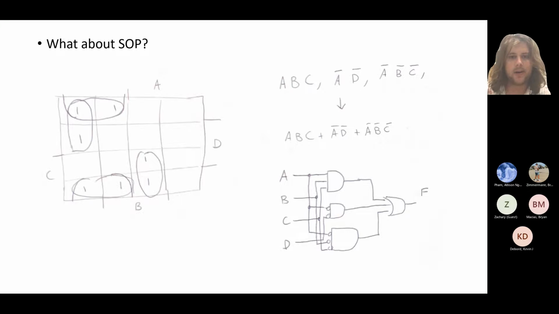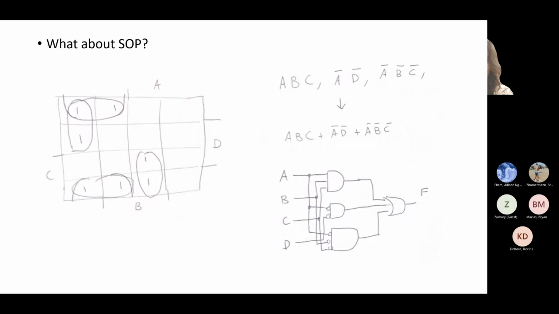And to write this as our sum of products, it's really easy. We don't have to do any inversion. We just write them as a product and make them a sum. And for the last step, I ended up writing it as a logical diagram. Here, the little circles that you haven't seen before are inversion.